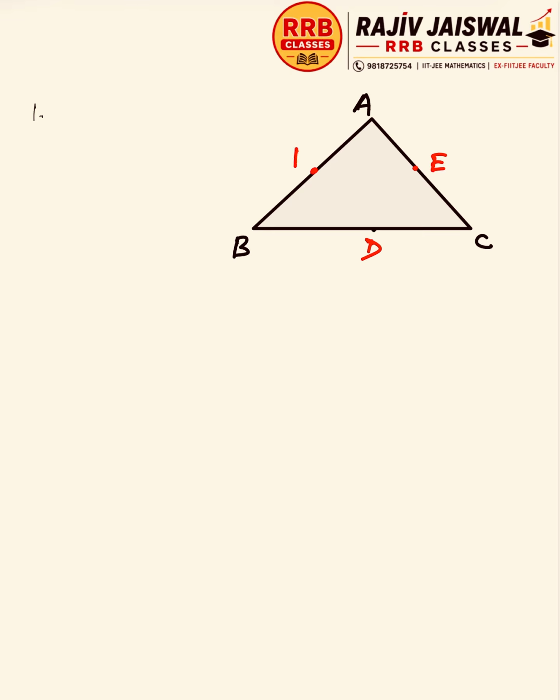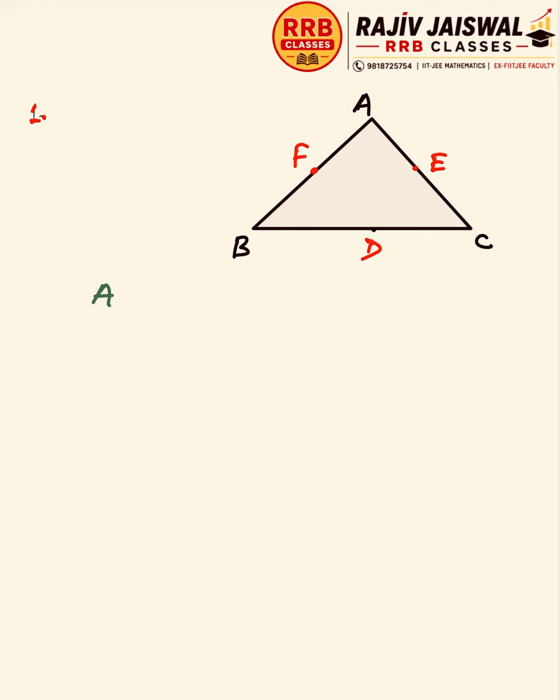What is that? The first is, suppose we have a triangle ABC and the midpoints of the sides of the triangle are known. Let them be D, E, and F. If D, E, F are known and we have to find the vertices A, B, C, we can use the section formula, but here we are using a simple shortcut.